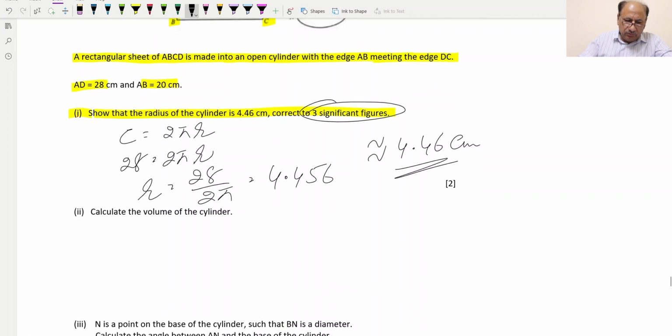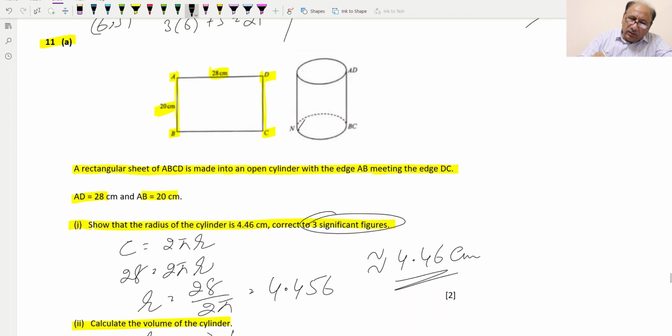This is done. Now the second part says calculate the volume of the cylinder, and the volume of cylinder is what? Volume is equal to pi r square into h. So pi r square will be this one, and h will be this height, which is same as this height. So this is also 20.